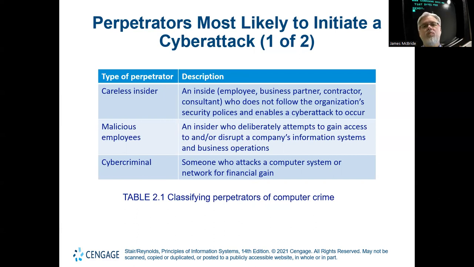So in other courses, you should have learned that if you're on the inside of the network, there's less security involved there. There's a certain amount of trust that's given to you so that you don't have to jump through as many hoops as you would have had to do if you're on the outside.